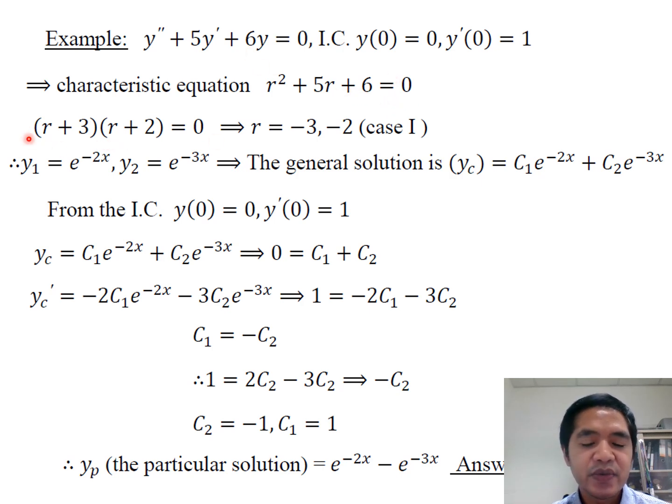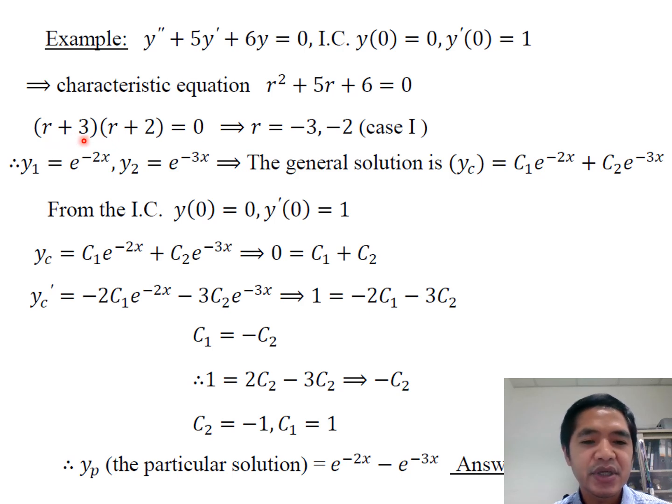Then we have to factor this, or you can use the characteristic rules that we learned from the previous slide. If we can separate it into this form, it's easier.